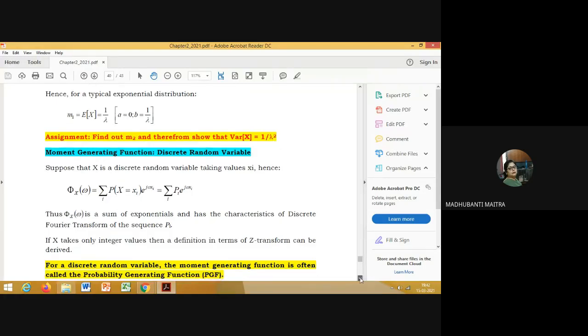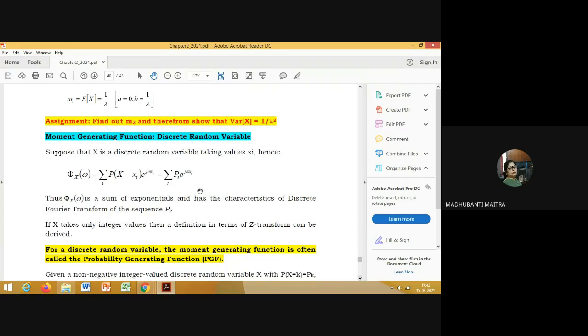Now the third one is known as the probability generating function, and this is basically a moment generating function for a discrete random variable. If the random variable is a discrete one, then we can write this characteristic function phi x omega as the summation of probability that x is equal to xi, times e to the power j omega xi, since x is now a discrete random variable.